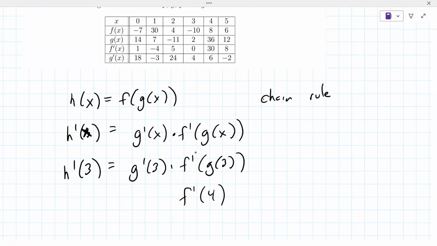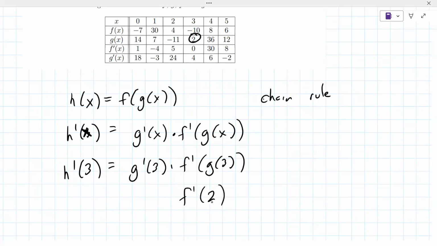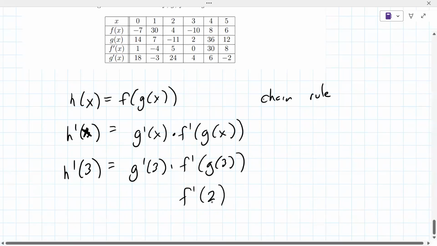Oh, I did. Wait, no. You are right. I'm looking at the answer here, and that's not one of them. You are correct. So g of 3 is 2 though. That's why we're both off here. This is 2. So then you are going to another column.